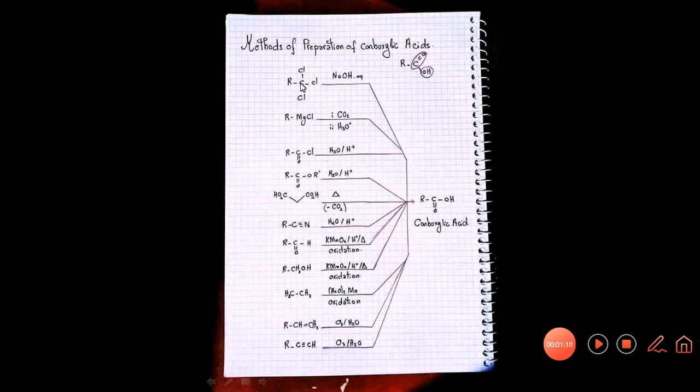The first method for carboxylic acid synthesis is the reaction between an acyl trihalide and a base. So an alkaline hydrolysis of an acyl trihalide tends to yield a carboxylic acid.